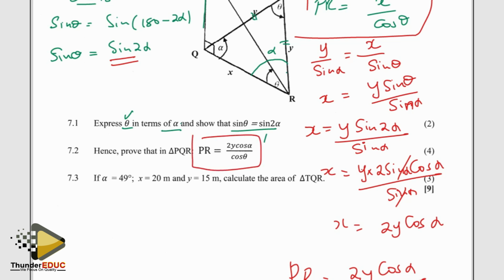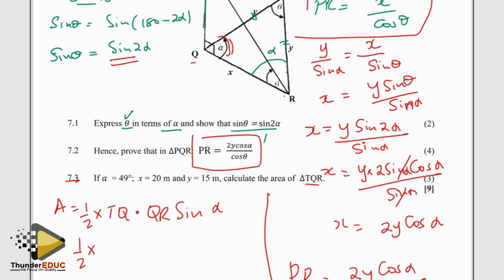Perfect. Then 7.3, if that is that and that, calculate the area of TQR. So we can just use the area rule. Which angle do I have? I have alpha. So I'm going to say area is going to be a half times TQ multiplied by QR, and then the sine of alpha.